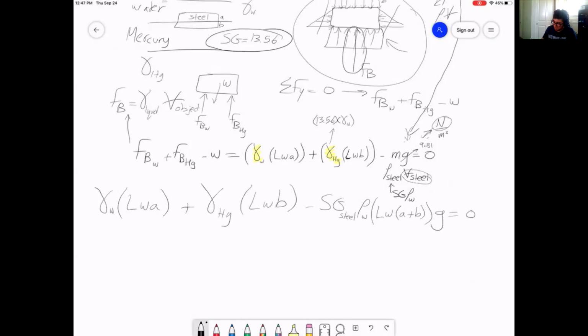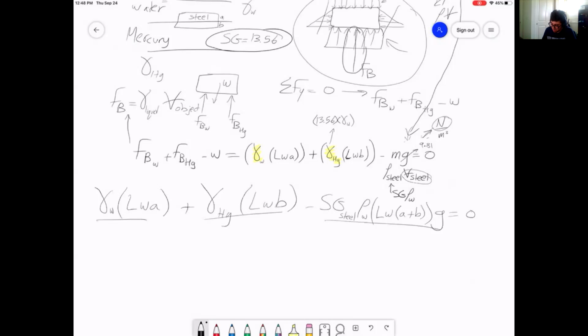Okay, so you see how you can factor out L and W? Because this term has L and W, this one, and that one. And what's a common term between these? L and W, yes, it's a common term. And what about, there's another one. It can just be gamma water.